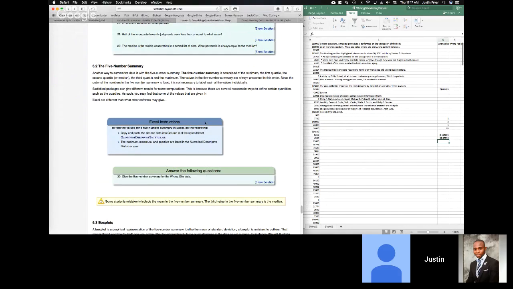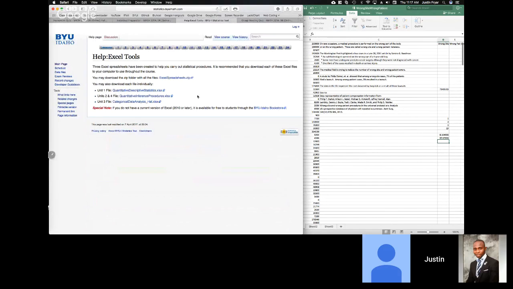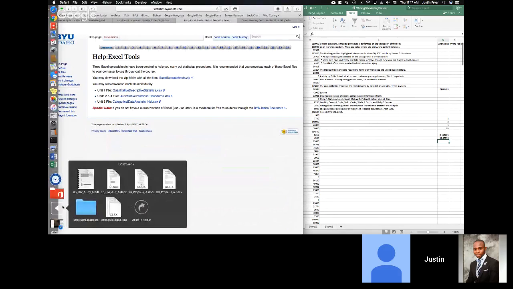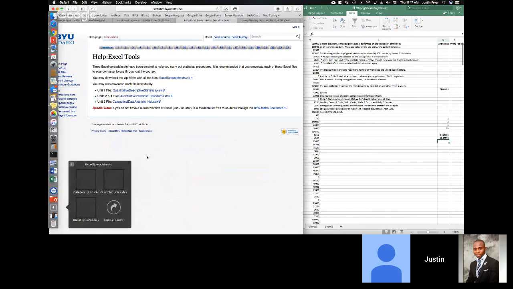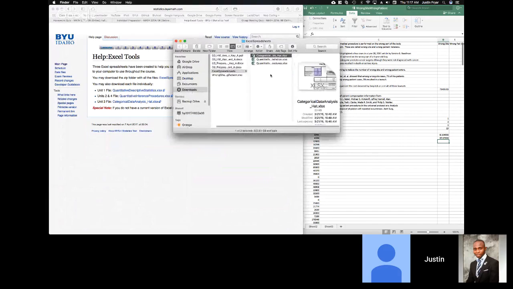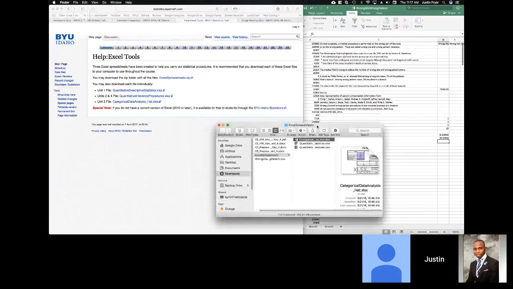Find the values for a 5-number summary in Excel. Do the following. With a 5-number summary, I've been looking at the first 5 numbers that are big in that data point.